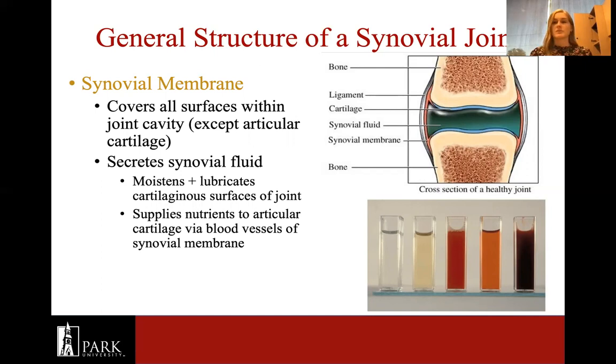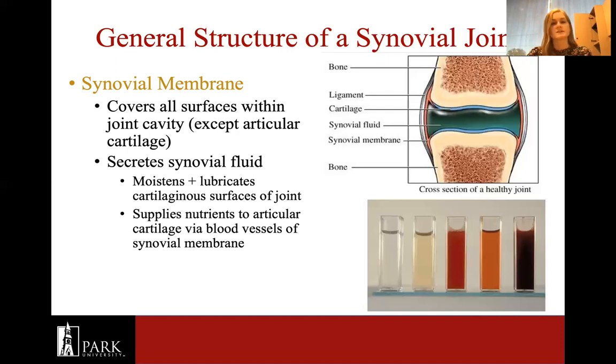The synovial membrane's role is to secrete something called synovial fluid. This synovial fluid is going to help moisten and lubricate those surfaces of our joint. If you remember the video I showed, I think it was in my kines class, where we have that knee joint that doesn't have that lubrication anymore, it's just bone on bone, and our bone will catch on the other one, and it's extremely painful.